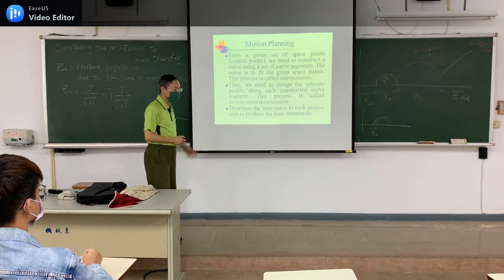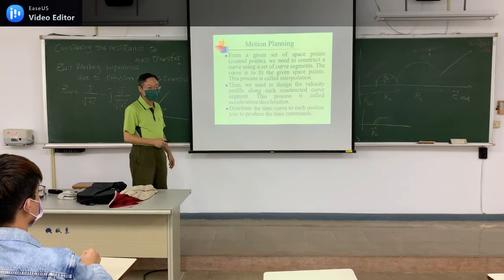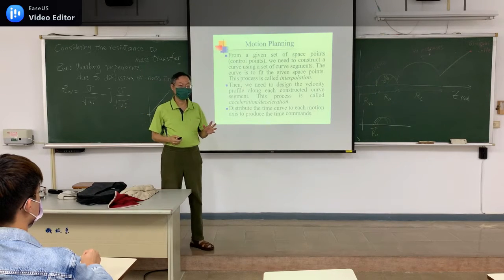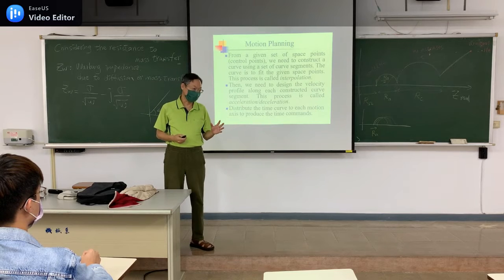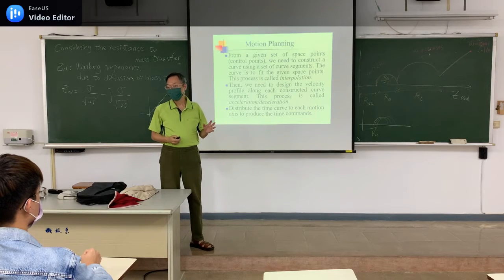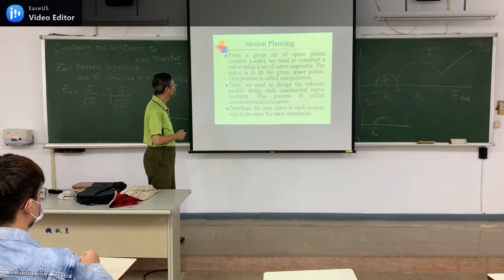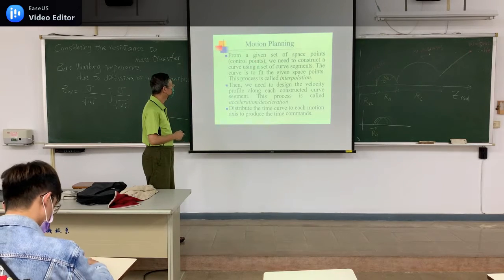So normally first, the command here for the machine tool, for example, is usually called G-code. G-code meaning that first you are given a set of space points.